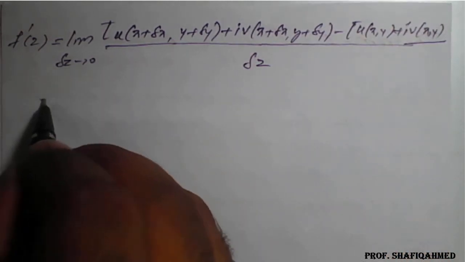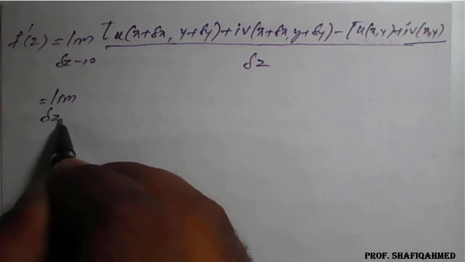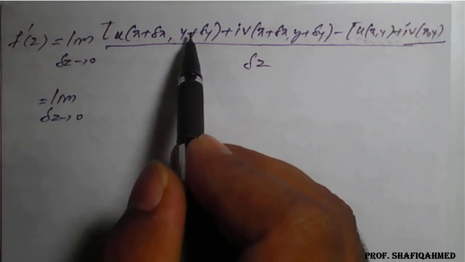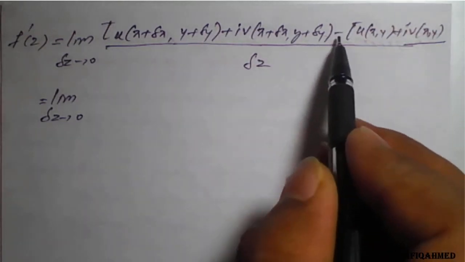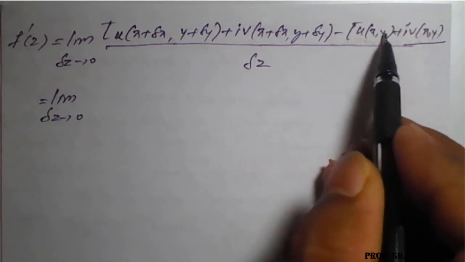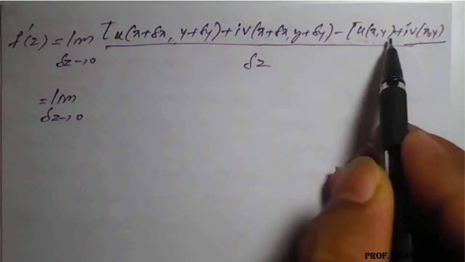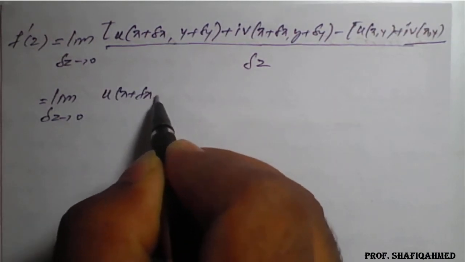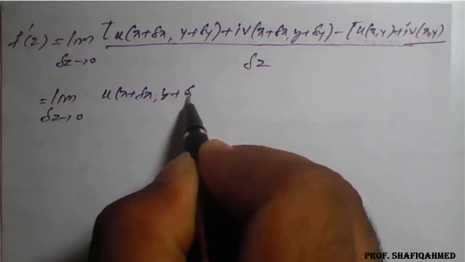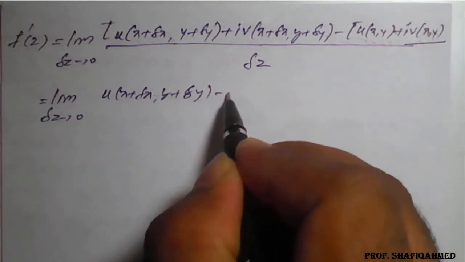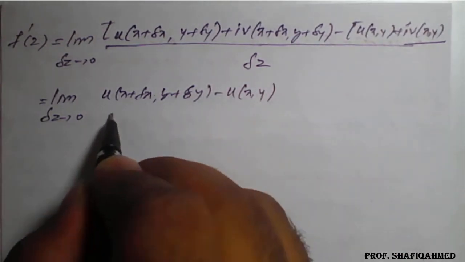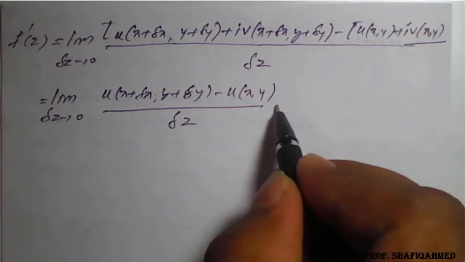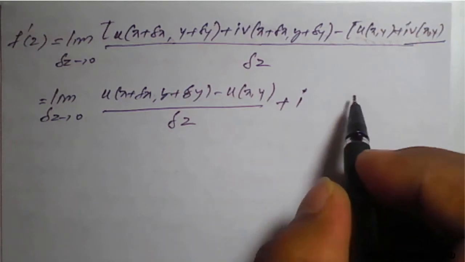Limit as delta z tends to 0: the real part means free from I, which is the first term of each. So the real part is u of x plus delta x comma y plus delta y minus u of x comma y divided by delta z on one side, plus I times the second terms.